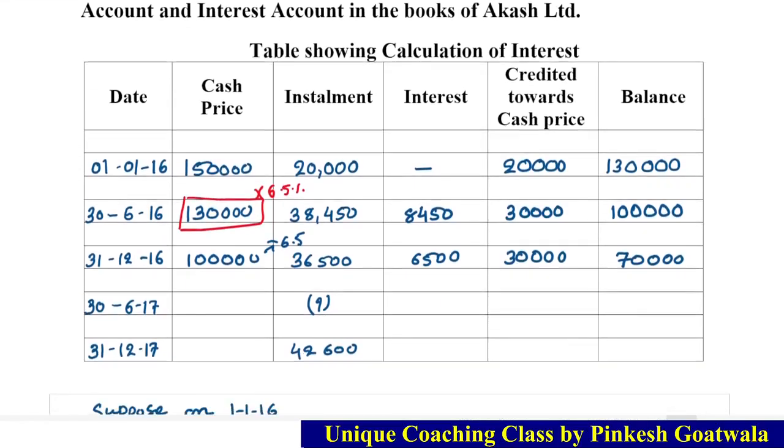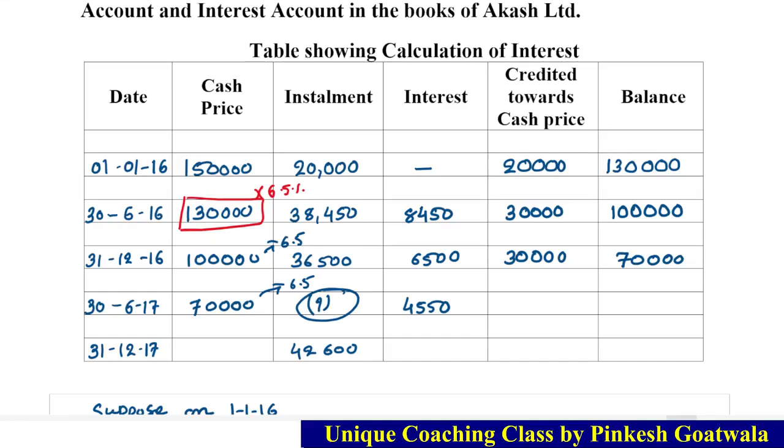Now 70 will be here. The rate is 6.5. 70 at 6.5 is 4550. Now next what to do, because here we don't have the amount of installment.